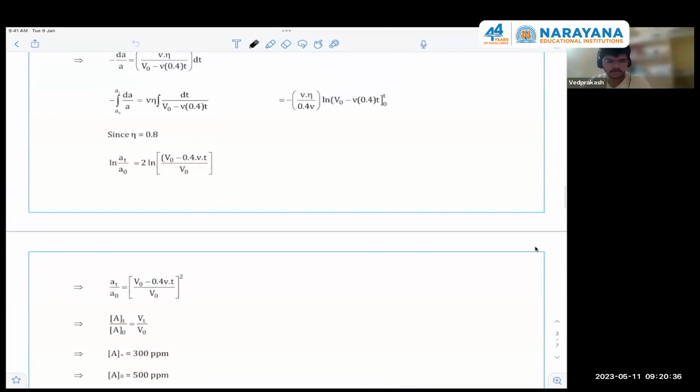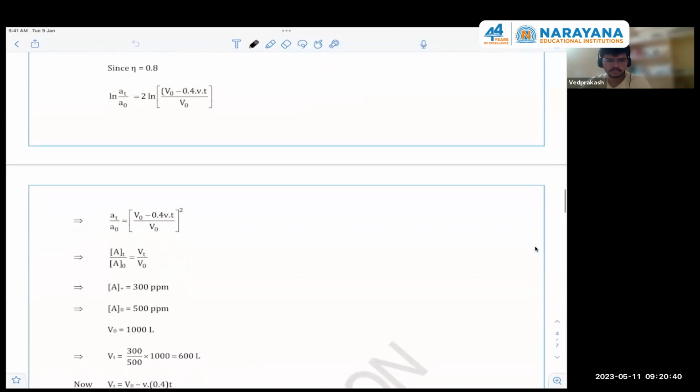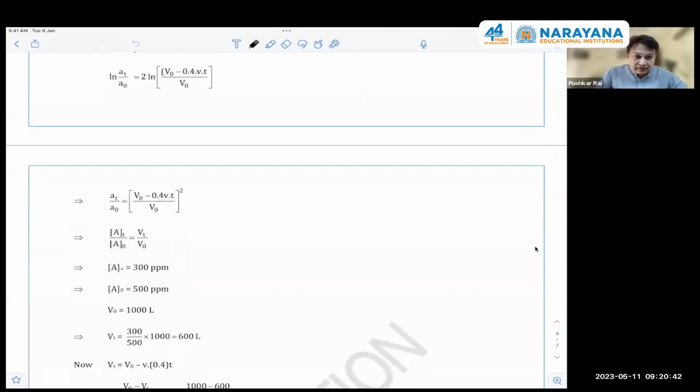How did you remove that square term below? The square term is removed like this. You see, this is AT and this is A0, and this is VT and this is V0 squared.